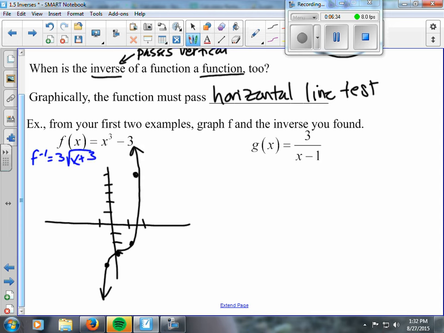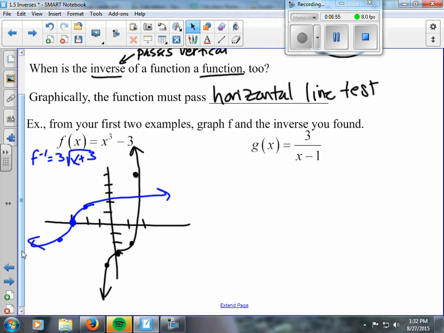Now, I'm very familiar with how that graph works. The cube root graph, I call it the walk like an Egyptian graph because it looks like your arms look in that funny dance. Okay, and so that's your f inverse graph.